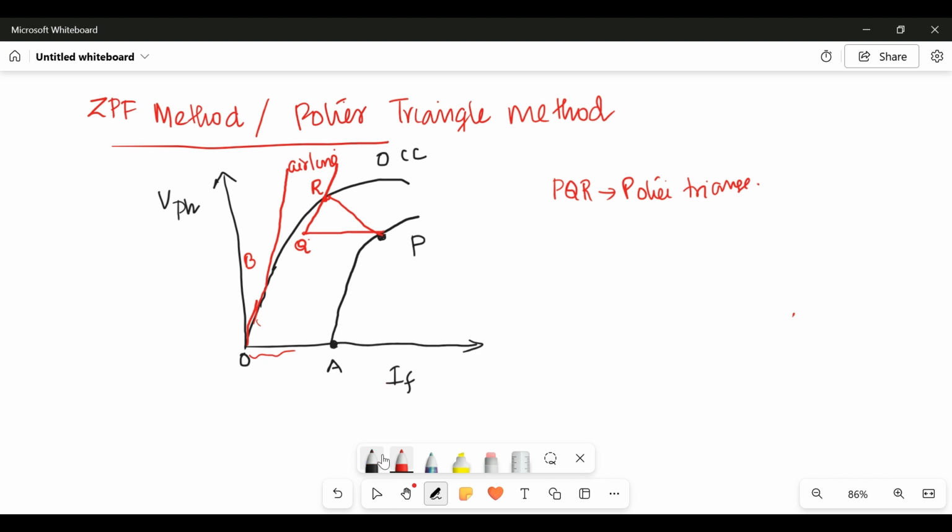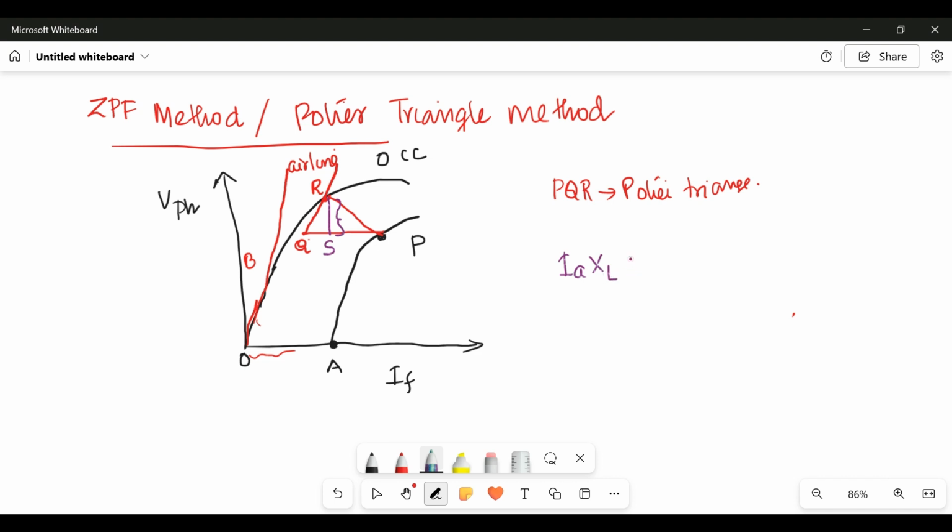From point R, drop a line perpendicular to PQ. That meets PQ at a point S. This perpendicular line RS gives the voltage drop due to armature leakage reactance. We know the voltage drop due to armature leakage reactance is IA into XL.